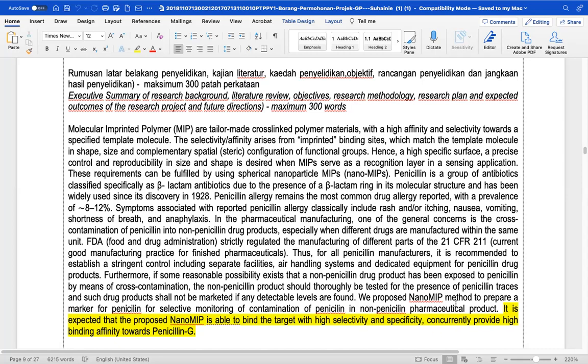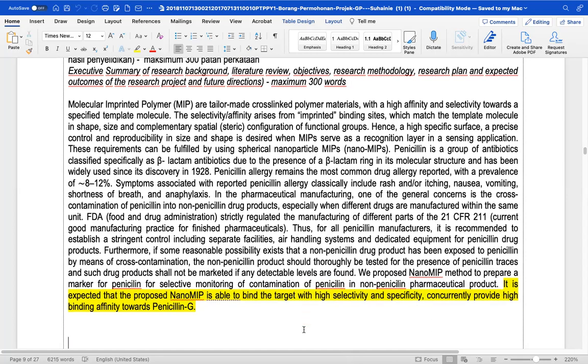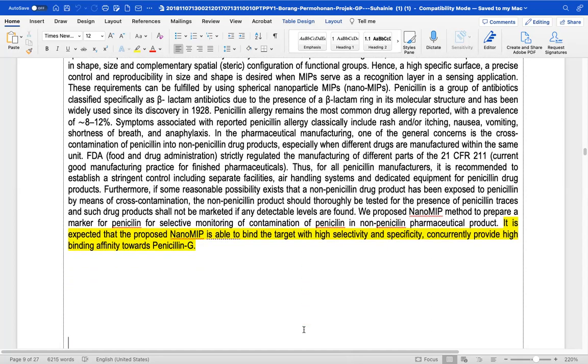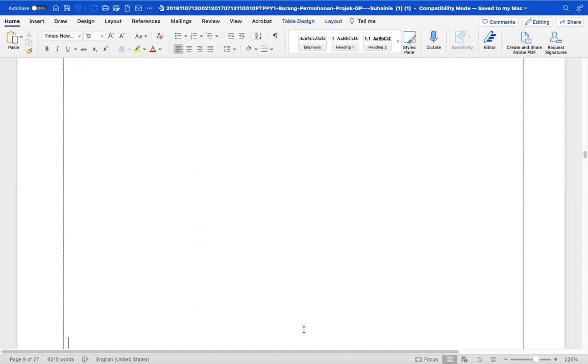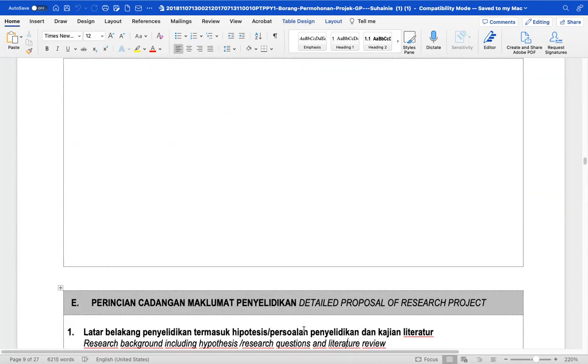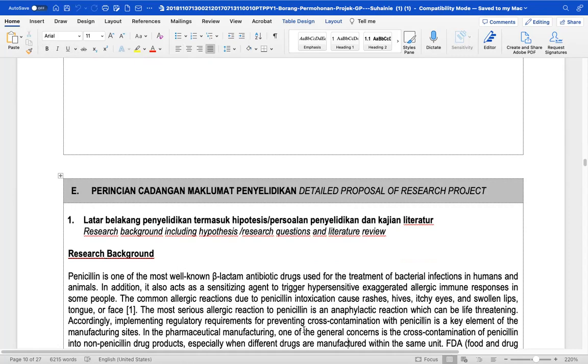We propose a method to prepare a marker for penicillin for selective monitoring of contamination of penicillin in non-penicillin pharmaceutical products. The output is expected to be able to bind. We can scroll through. Research background.